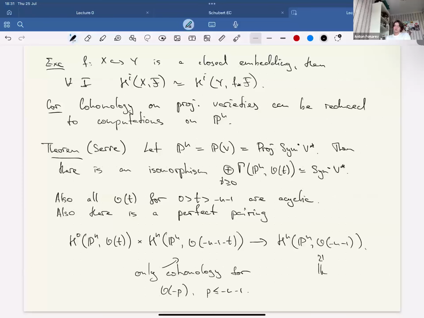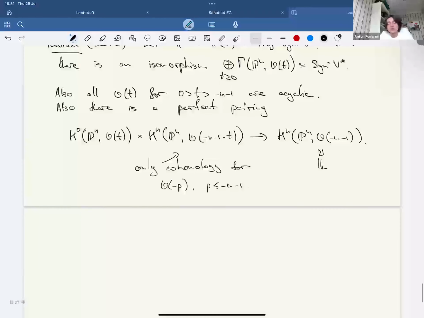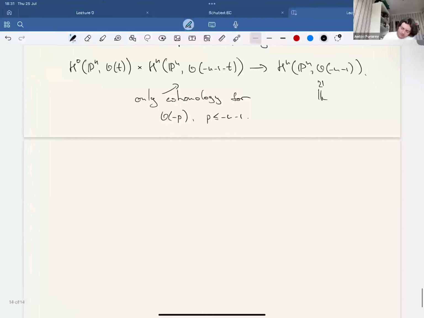So this is the big theorem of Serre. This is done purely by computing cohomology using the standard covering of the projective space. I mean, there's nothing else happening. Just the cohomology of the projective space. So it has a lot of corollaries, this theorem.